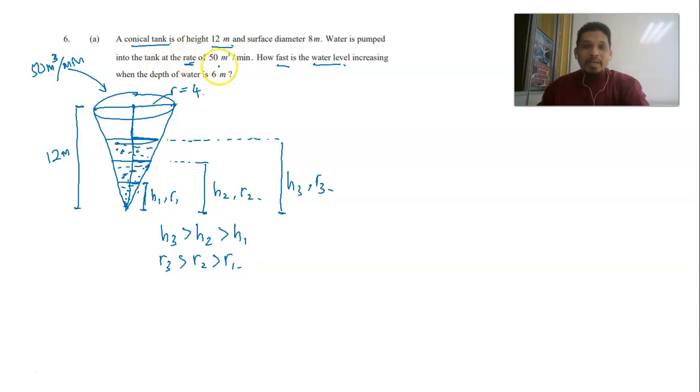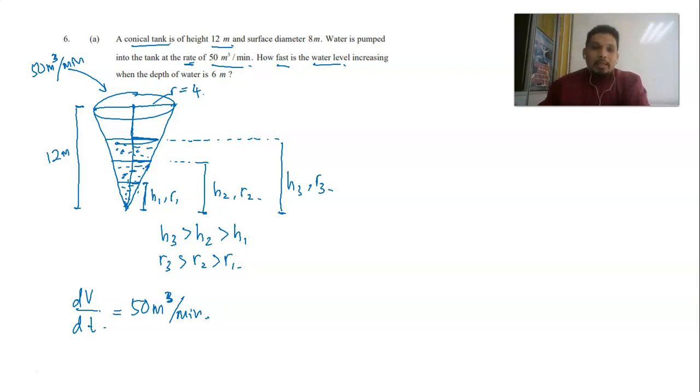So look at this here: meter cube is what we call volume, and then per minute is time. So the changes of volume with respect to time. And in this question it is given as 50 meter cube per minute.